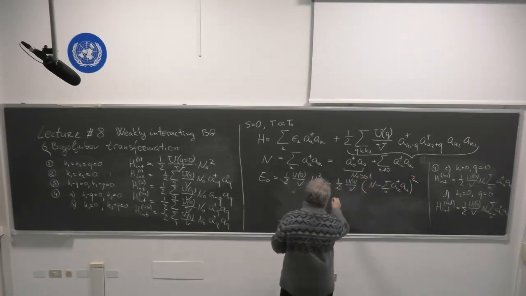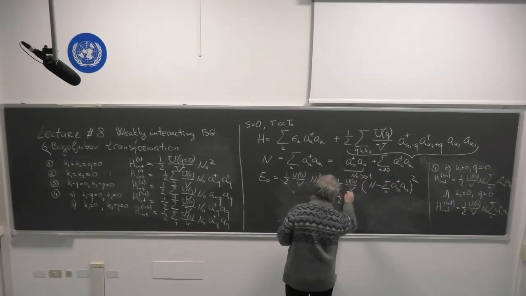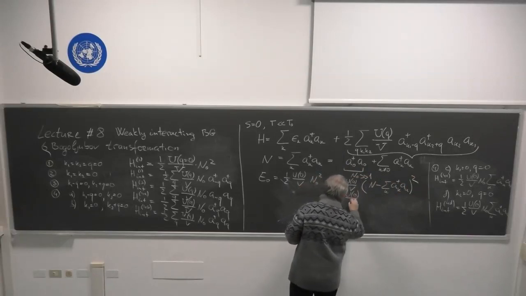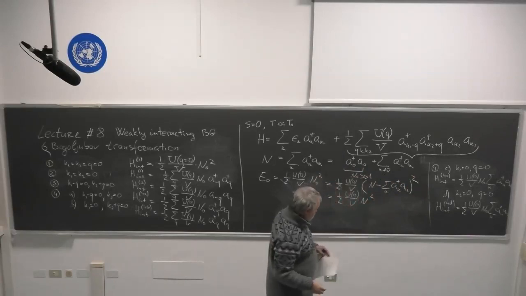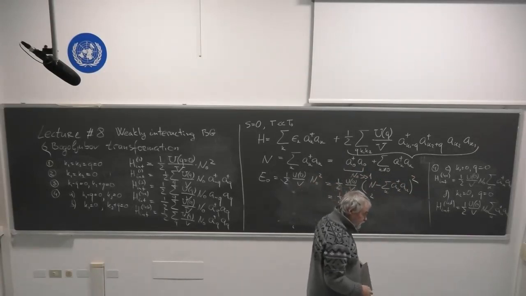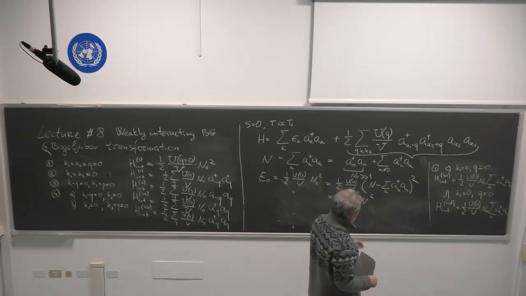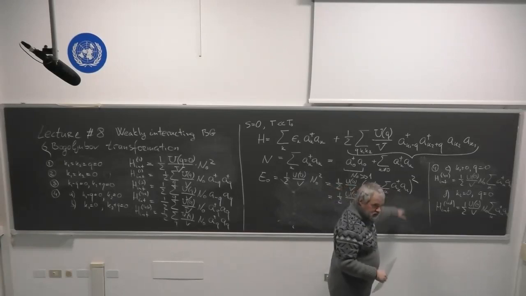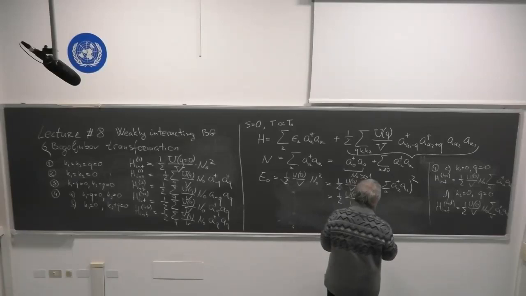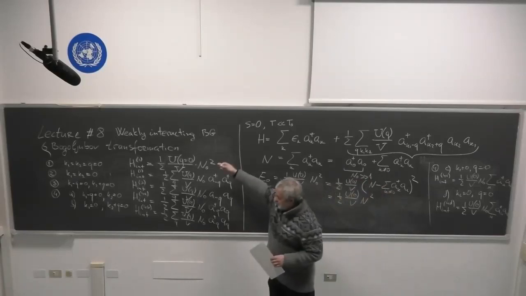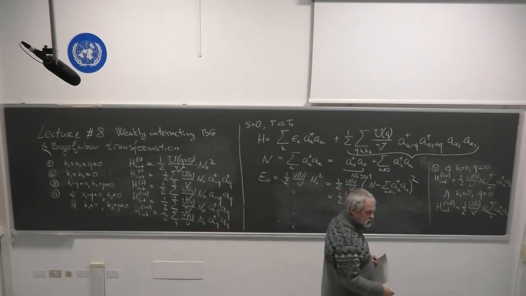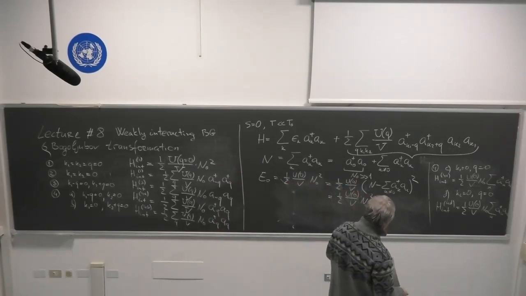And therefore, it is equal to 1/2 U node over V times N squared. I open the bracket. Then I consider the term which is a product N times A dagger K, A K, with K not equal to 0. Actually, everywhere in these sums, I assume that summation is over momentum not equal to 0.